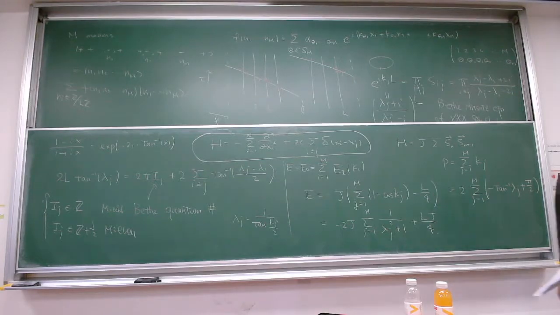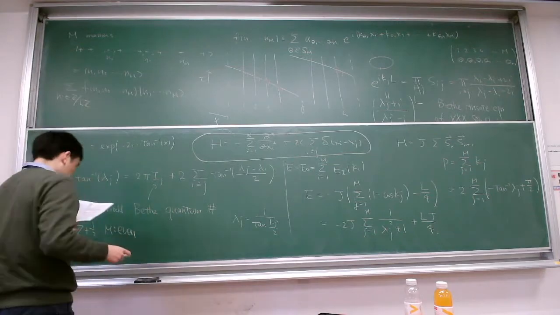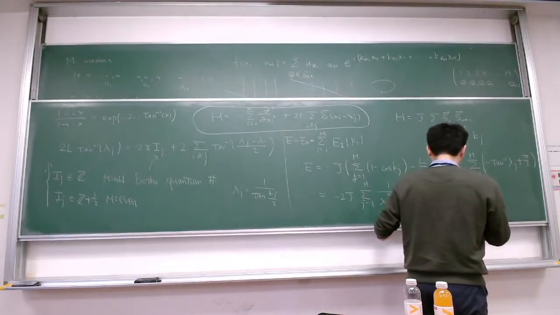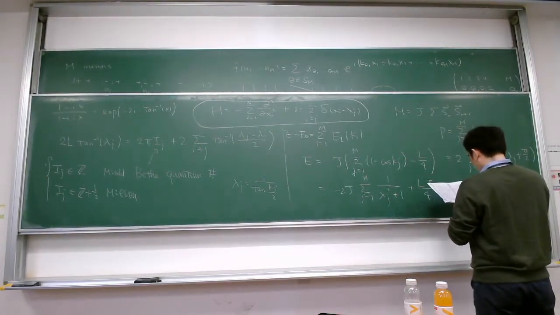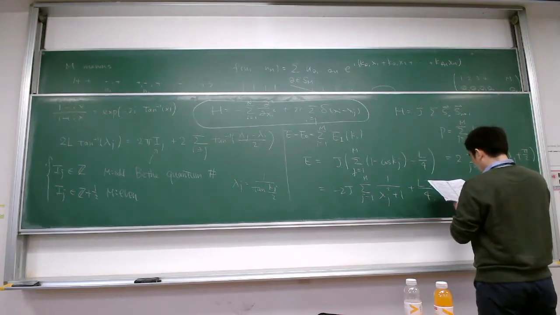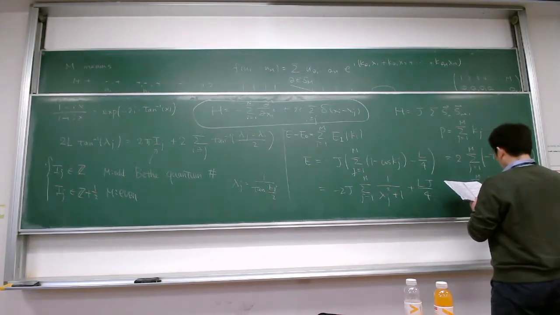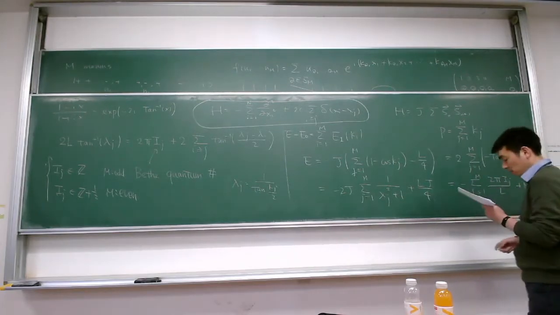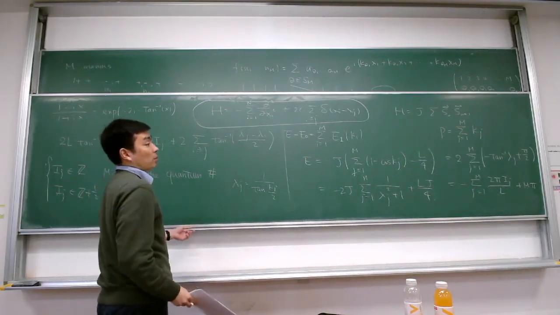Okay, and if you use this relation, one can write down that this one is minus 1 over j equals 1 to m, 2 pi Ij over L plus n times pi. So this is how you get the momentum and energy.